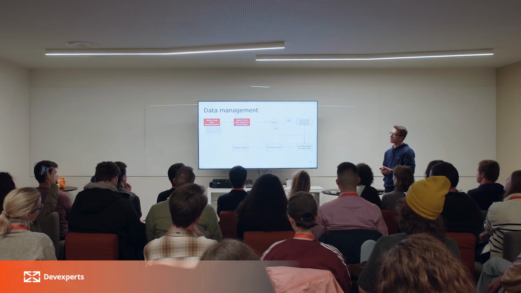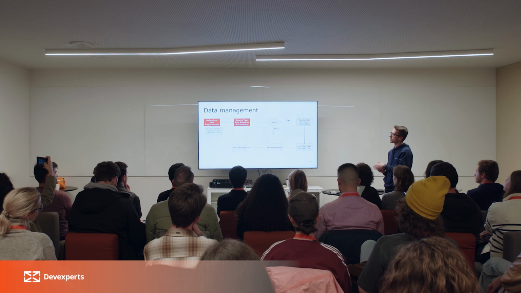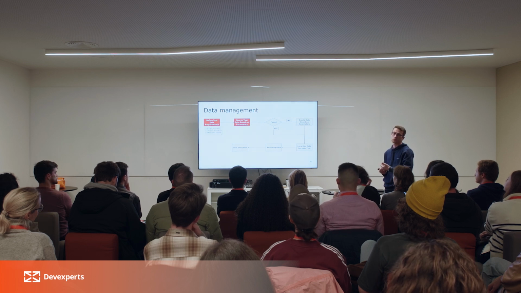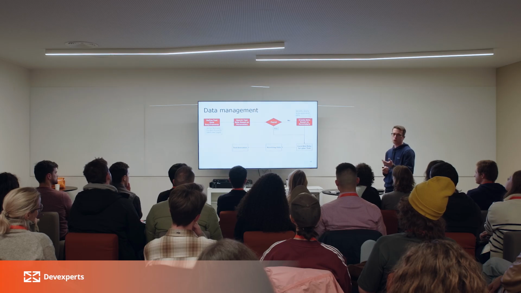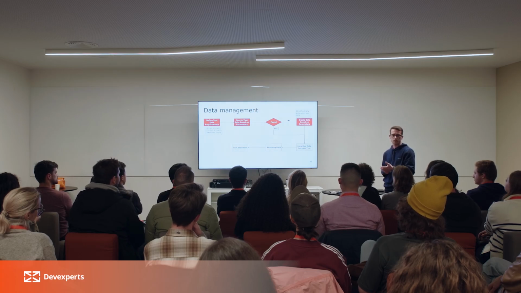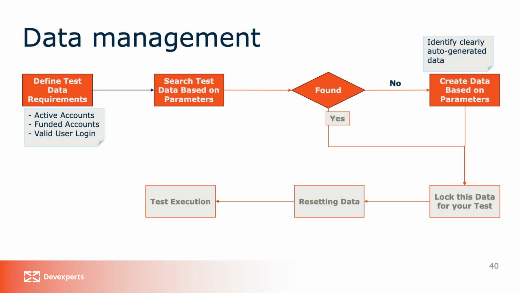And once we have these data requirements, then we search for them in the database based on these parameters. And if you didn't find it, then we create this data based on these parameters to execute on our test. And obviously we identify clearly that this data was generated by us.